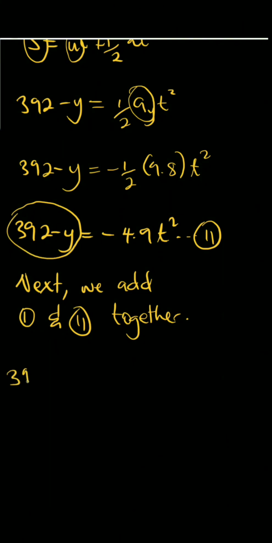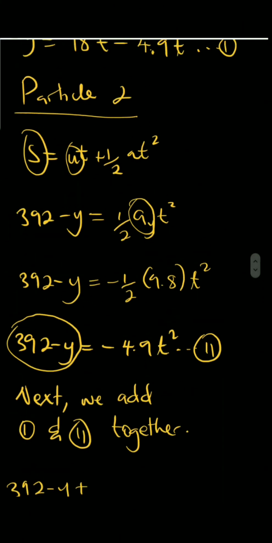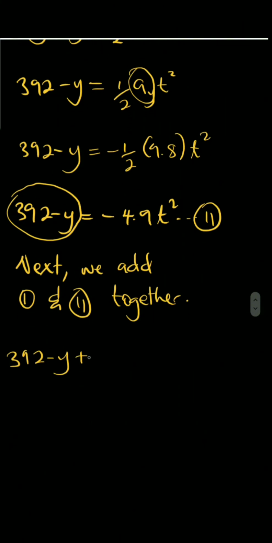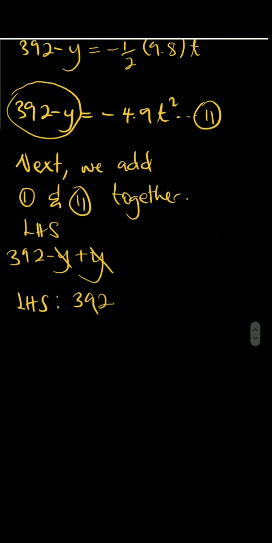The left hand side is 392 minus y plus y. Since these y's have different signs, they cancel, remaining with 392 on the left hand side.